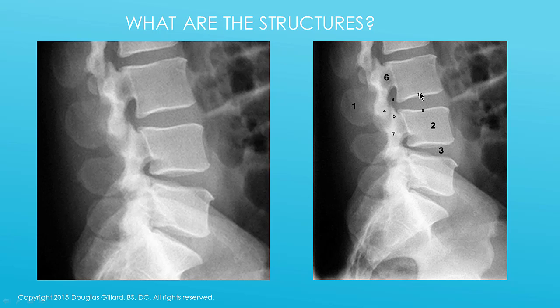We got an inferior end plate of L3, superior end plate of L2, and that's the body of, I'm sorry, L4, jeez. Inferior end plate of L3, superior end plate of L4, and this is the disc space, the L4/5 disc space. Wonderful.